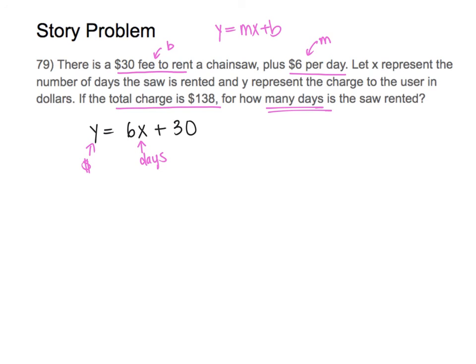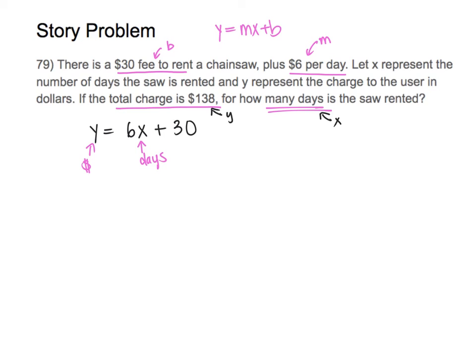So in this case, what it's asking is that the user had to pay a total of $138. So this 138 represents the y value, the total cost. And it wants to know how many days you rented the saw, or x.